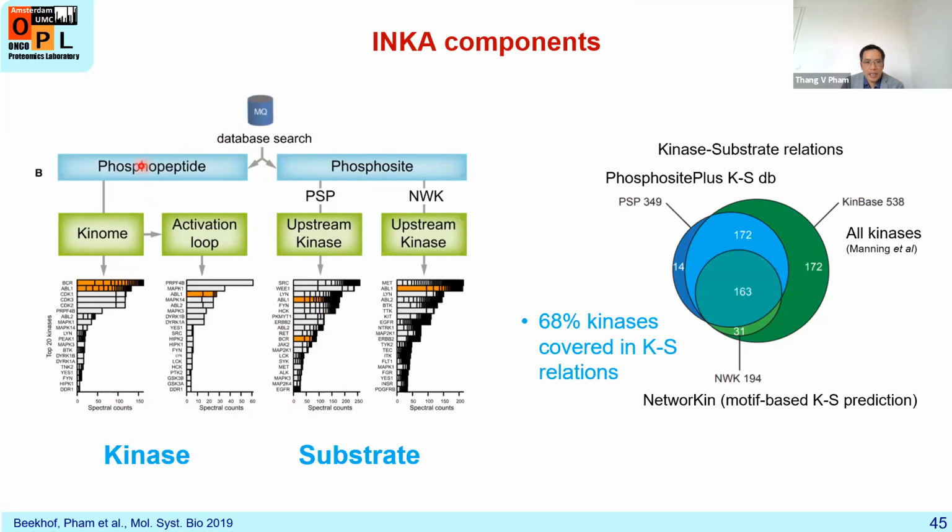So for phosphopeptides, we can have just the measurement on the kinase, the kinome, but we also look at the parts that are really important. If the phosphosite is within a predefined chain of amino acids called the activation loop, then the importance should be increased.